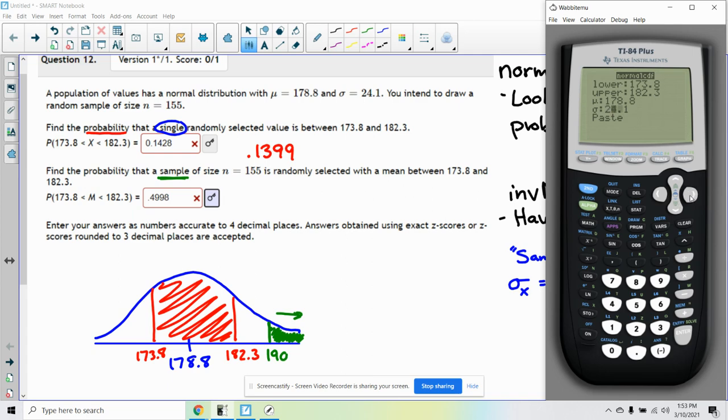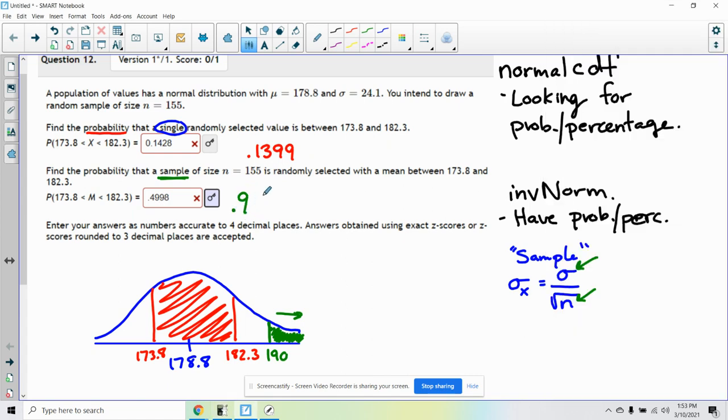So it's 24.1 divided by the square root of 155. You can write it just like that, you don't have to figure out the decimal beforehand. So I get 0.9598. And there's your answer. And that's it.